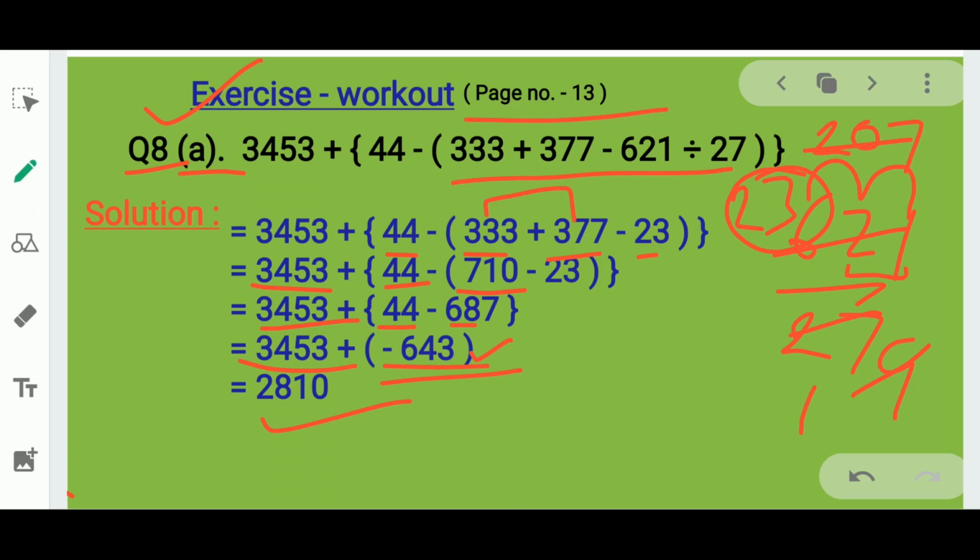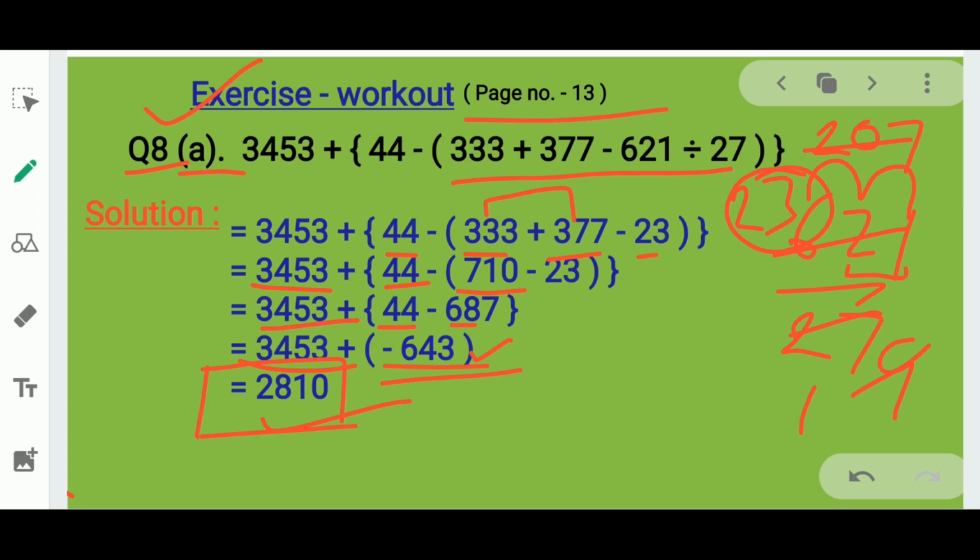Because 3453 is a greater number than minus 643 and it has a positive sign, we put a positive sign before 2810. Here the final answer is 2810.